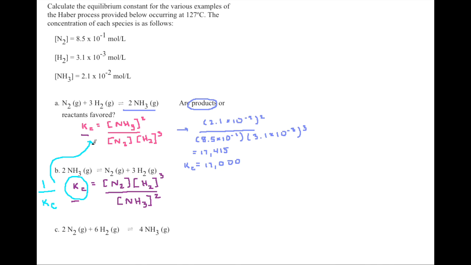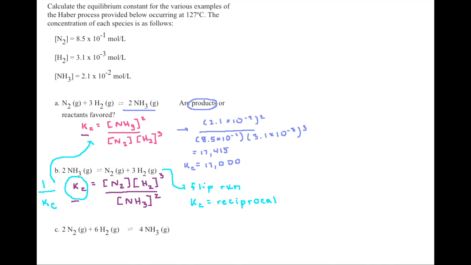So what that tells me is if I flip a reaction, what you have to do to the equilibrium constant is just find the reciprocal of it. You have to flip it as well. So if you flip a reaction, then the equilibrium constant, the Kc, is going to be equal to just the reciprocal. All you have to do to get the original equilibrium constant is flip it, so that's all you got to do to your Kc.